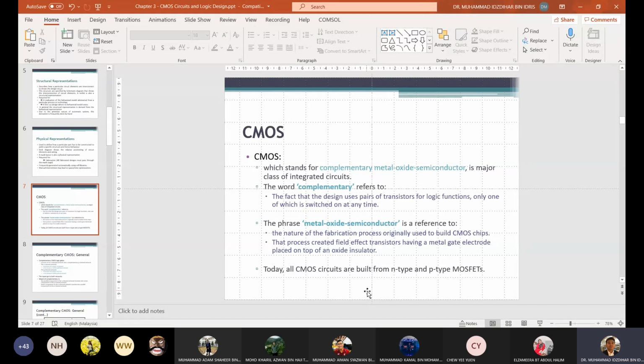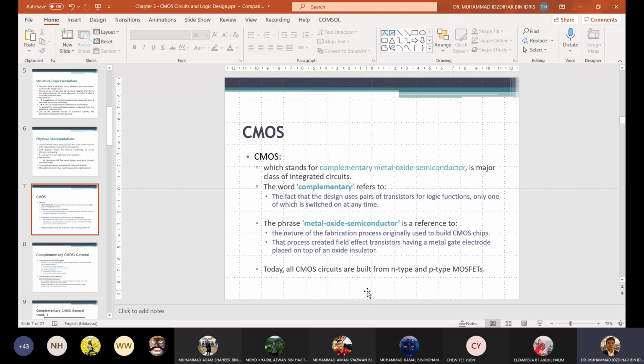So what is CMOS? I believe that we have learned about MOS before. MOS is metal oxide semiconductor. Metal can be aluminium, oxide is normally silicon oxide, but nowadays we have high K materials, can be any metal oxide. And you also have semiconductor. Semiconductor is normally silicon, but nowadays people are working on so many materials.